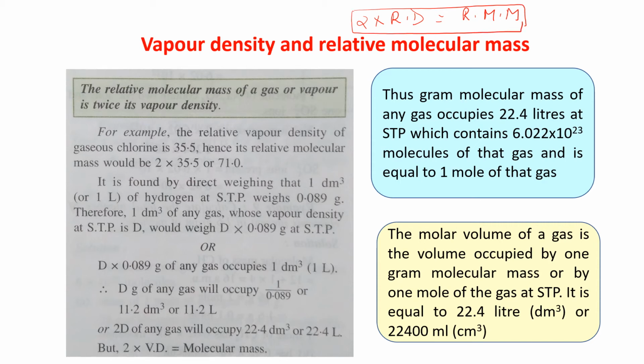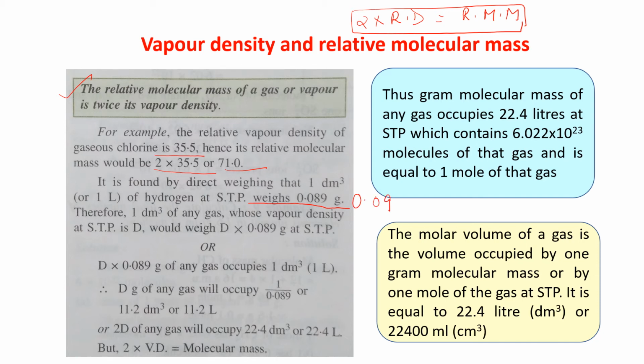For example, if the relative vapor density of gaseous chlorine is 35.5, then its relative molecular mass is 2 into 35.5, which is 71. Now, it is found by direct weighing that 1 decimeter cube or 1 liter of hydrogen at STP weighs 0.089 gram. In some places you can get it rounded off, like 0.09.